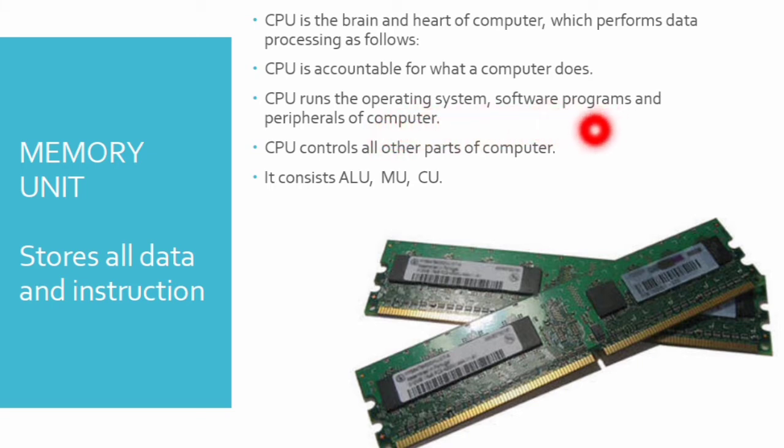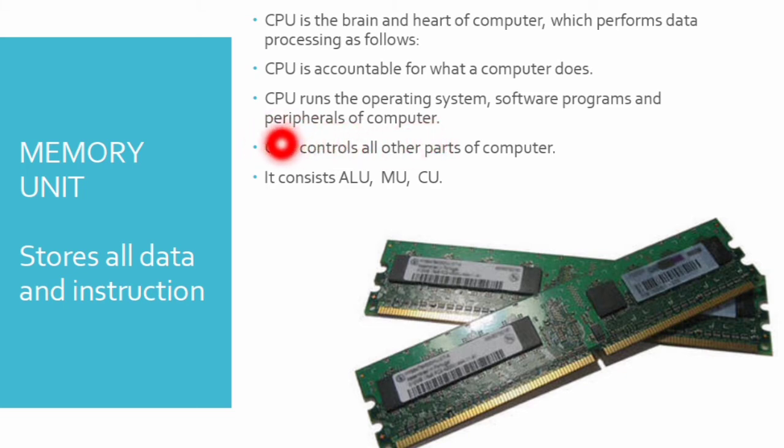Software programs like VLC, music players, audio players, games, Internet Explorer, and many others. And peripherals of the computer. So you see, CPU is running the operating system. CPU also has control over the software programs. And the third one, CPU also runs peripherals of the computer.